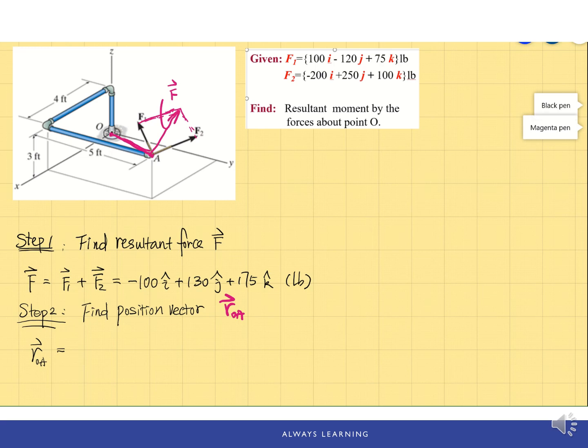So the position vector actually defines the relative location of 2 points in space. So if we have this position vector, we can take an imaginary walk from the tail of the vector to the head of the vector, and only along the x, y, and z direction.